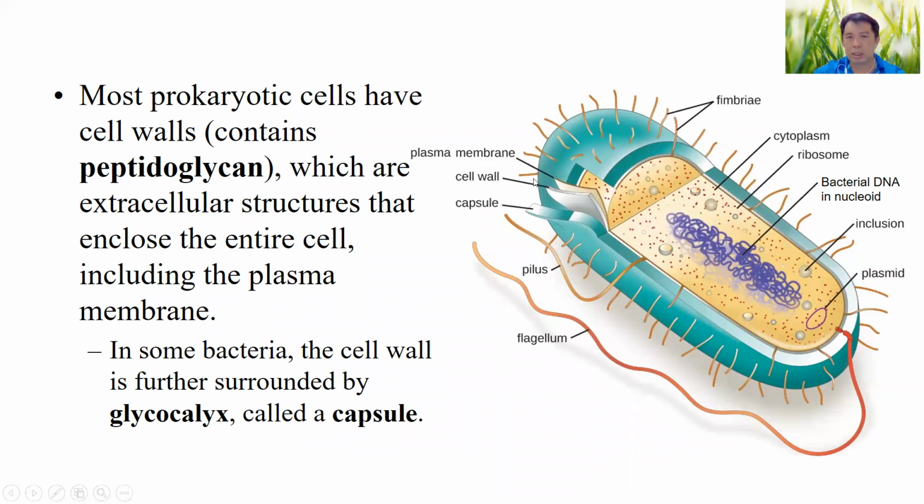As you can see in the diagram, inside is the cytoplasm, enclosed by the plasma membrane, and external to the plasma membrane is the cell wall, which consists of peptidoglycan.